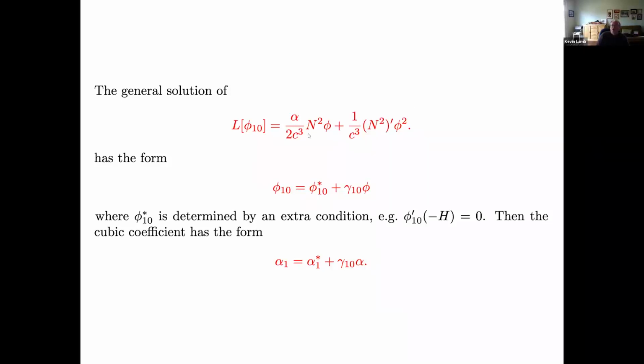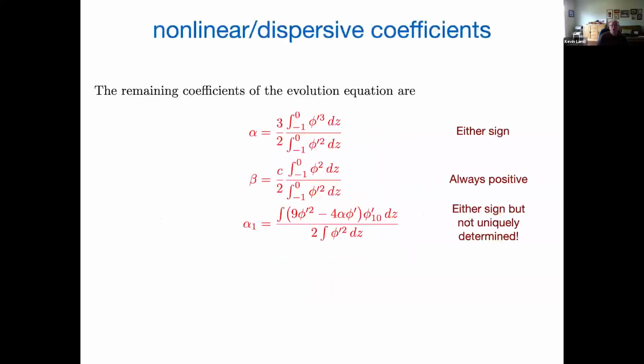Well, if I find any solution, say phi10 star, then I can add an arbitrary multiple of the homogeneous problem, which is phi. So I find any particular solution phi10, I can add a multiple of phi, the homogeneous solution, and I get another solution. Well, then I go back to my expression for alpha 1.